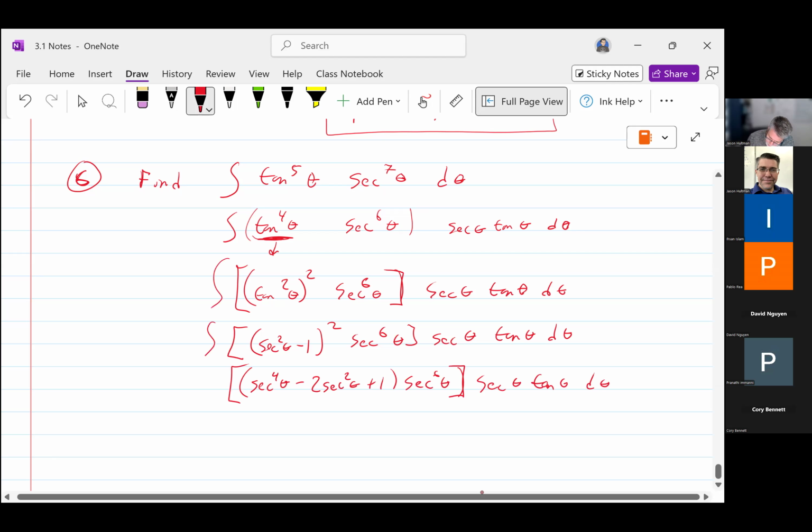We're still integrating this thing. Now we're going to distribute this secant to the 6th. This becomes secant to the 10th minus 2 secant to the 8th plus secant to the 6th, times secant theta tangent theta d theta.